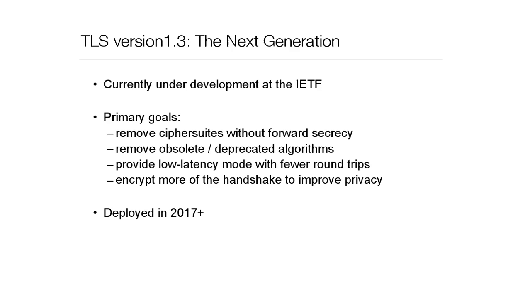To make the protocol more efficient, it is needed to lower this number of round trips. That is considered in this new TLS version to make the communication efficient, and to encrypt more of the handshake to improve privacy.